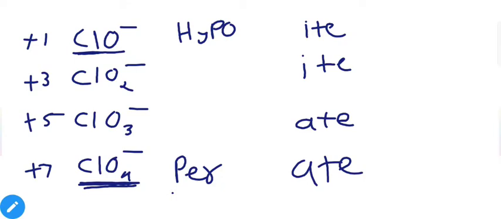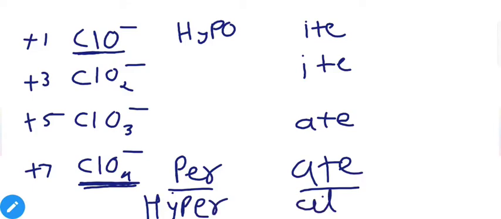So that means it will be perchlorate, just like potassium permanganate. It uses the ate suffix; in this case we have per and ate as prefix and suffix. And suppose you have an even higher oxidation state, then in that case we will use hyper, that means hyperchlorate, let's say, for this example.